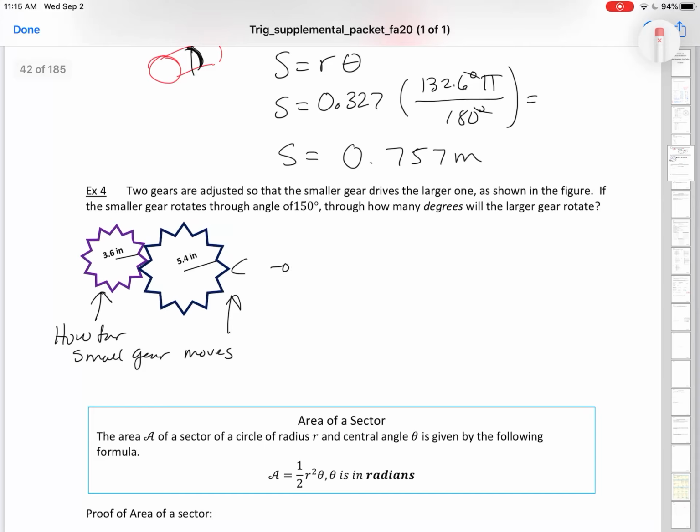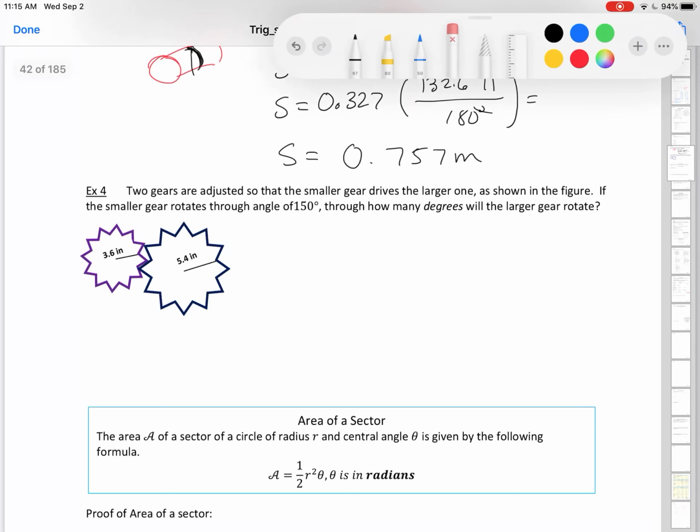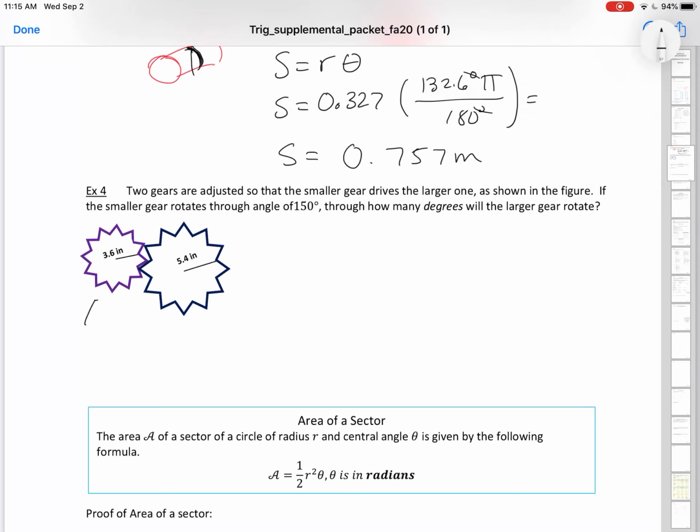I'm going to erase what I wrote here. It's a very small area to work in here. And it won't work very well if I go off to another note system. So let's look at this small one, and I'll do the work right over here so I leave this big blank. We know S is equal to R times theta. What's R? 3.6. What's theta? 150 degrees.